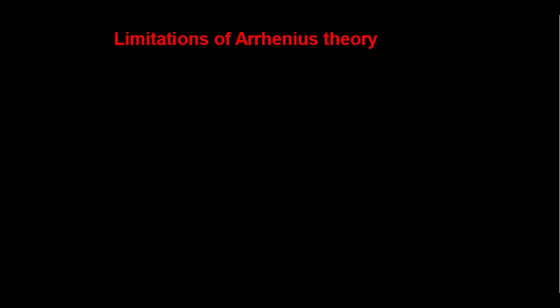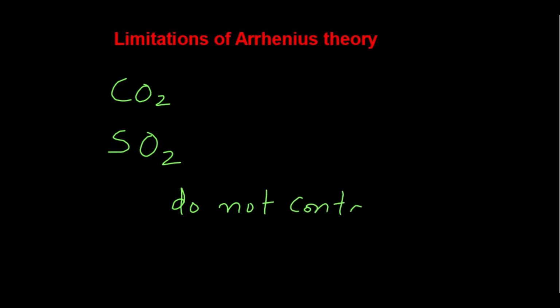Arrhenius theory is unable to explain why carbon dioxide and sulfur dioxide are acidic in nature, although both the compounds do not contain hydrogen ion, still they are acidic. Right? Similarly, we can also not explain why ammonia is a base with the help of Arrhenius theory.